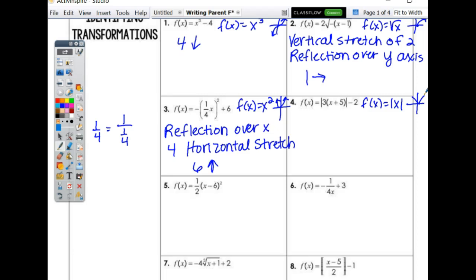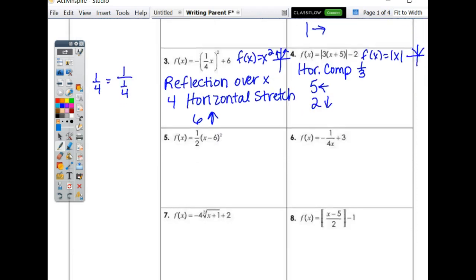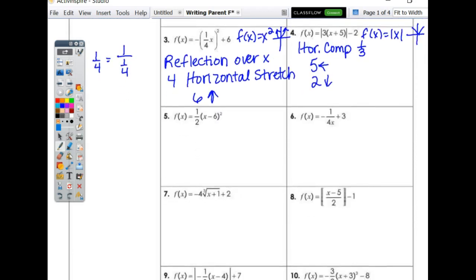It's the B, right? So it's horizontal. And so it's a horizontal stretch or compression. And the +5 moves it which way? And 2 down. Yes. So it becomes 1/3.